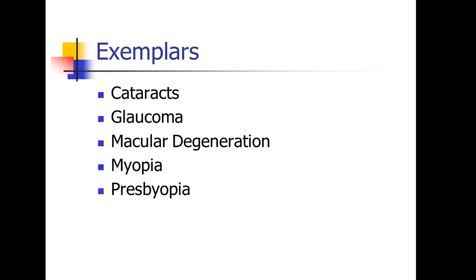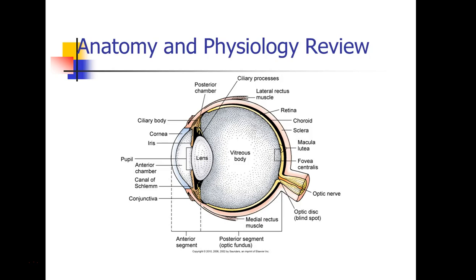So now the exemplars we're going to talk about are cataracts, glaucoma, macular degeneration, and myopia and presbyopia. Okay, so these are the things we're going to focus on. And I'm going to show you anatomy of the eye as we go. I have a couple of slides on the anatomy of the eye as we talk about different diseases and disorders of the eye.